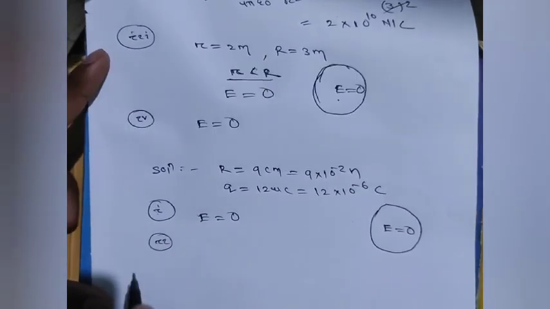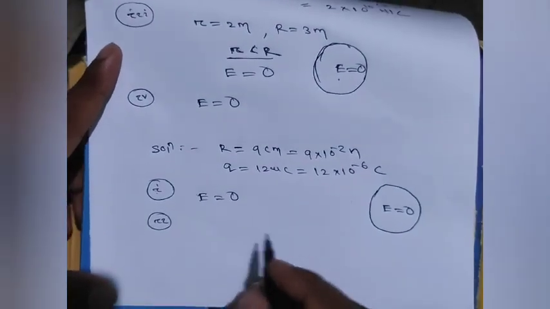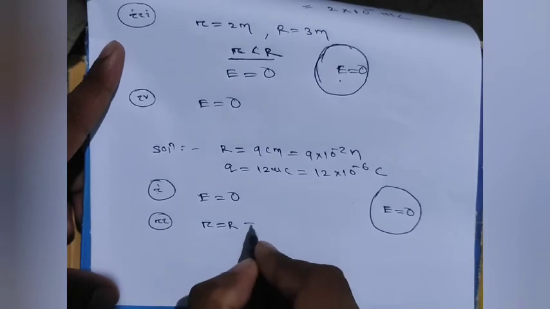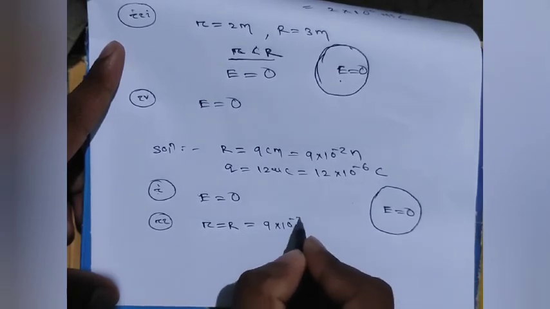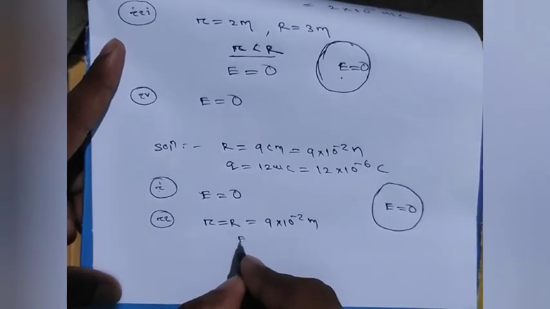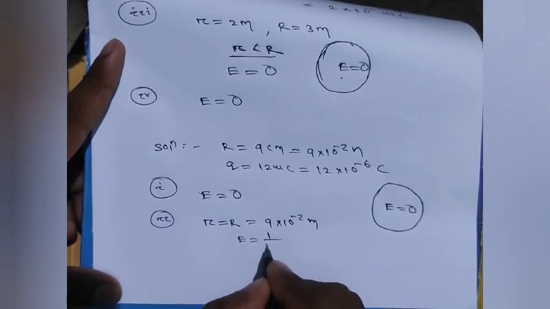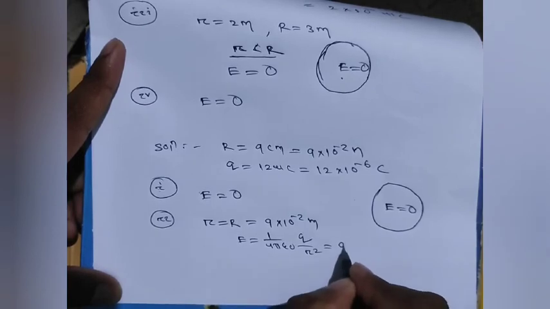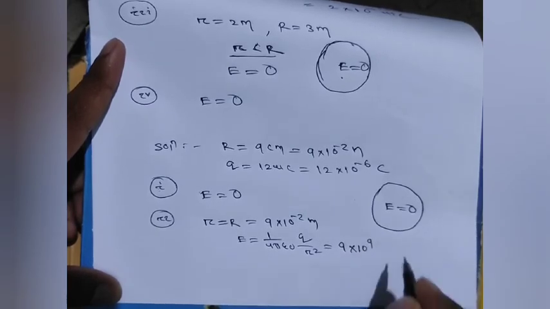In the second point it is asking at the surface. At the surface means r will be the radius of the spherical conductor, that is 9 into 10 to the power minus 2 meters. Now the electric field will be 1 by 4 pi epsilon 0, q by r square, and we know the value of 1 by 4 pi epsilon 0 is 9 into 10 to the power 9.